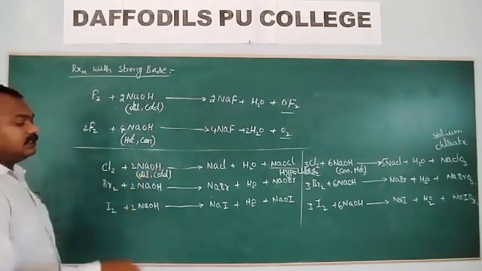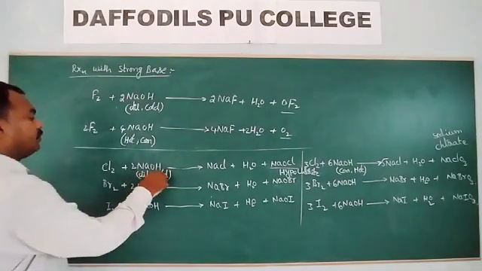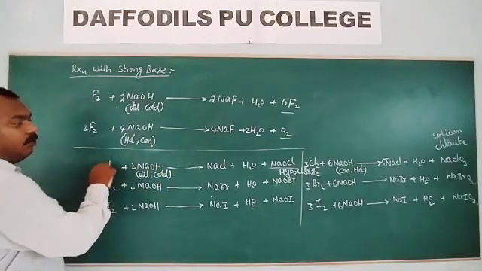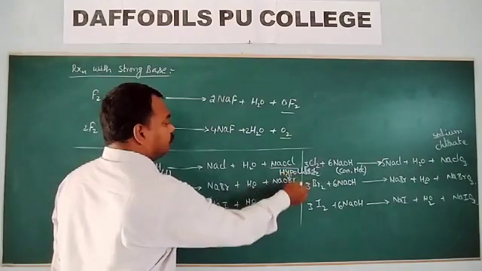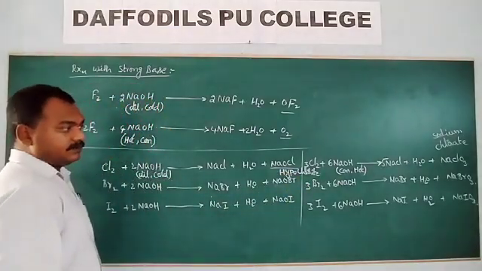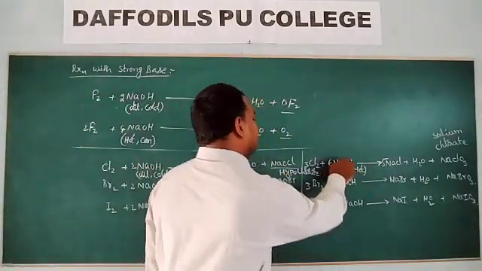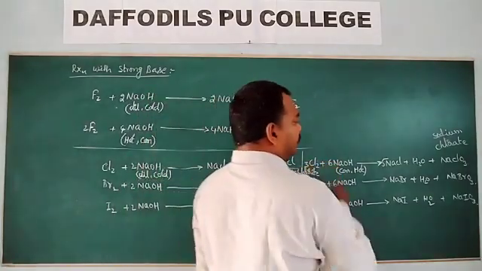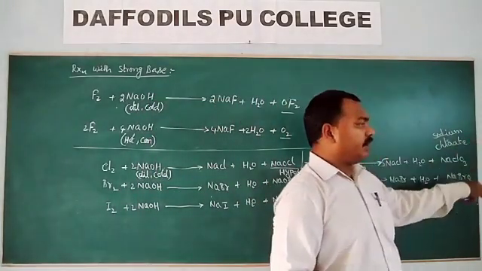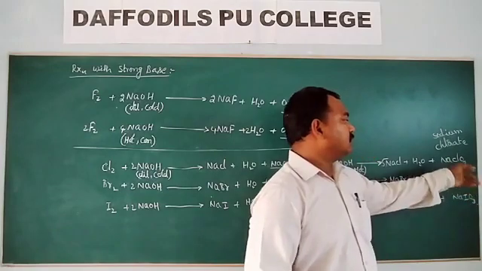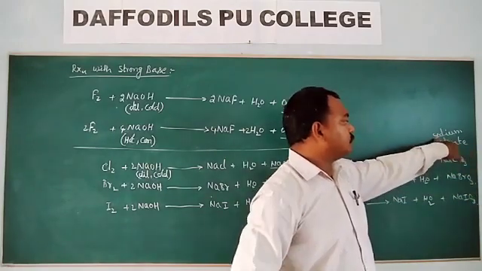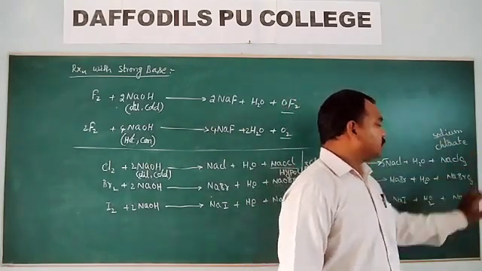So look at this balanced equation. With dilute and cold sodium hydroxide, chlorine forms sodium hypochlorite. With hot and concentrated sodium hydroxide, chlorine forms sodium chlorate. If bromine is there, just change this name, sodium bromate.